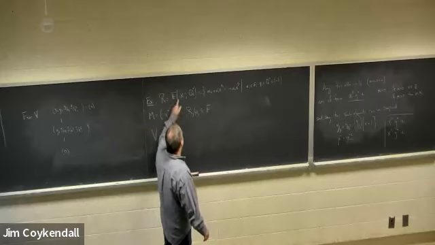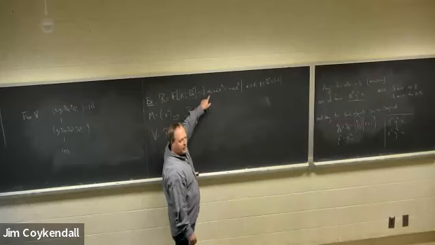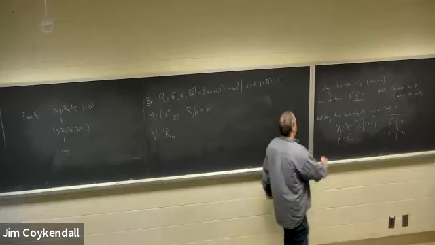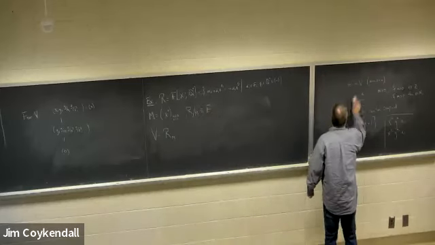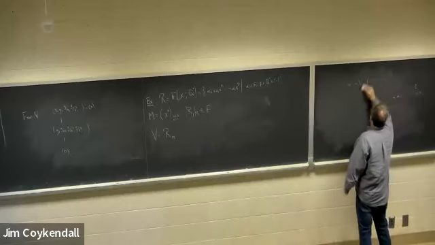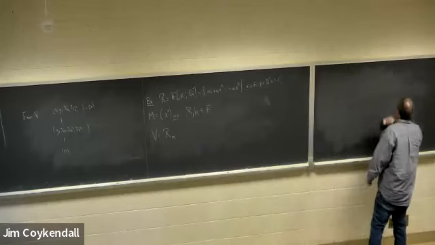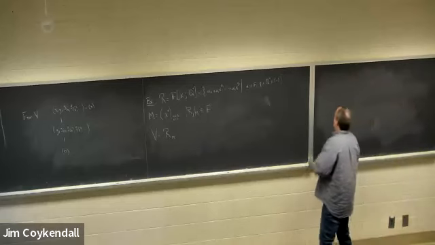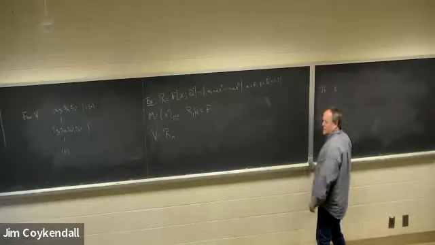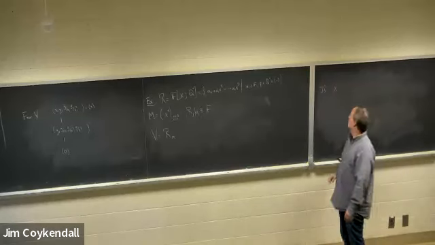So anything that starts with a non-zero coefficient as before is a unit. Anything whose first coefficient is 0 is in the maximal ideal. And notice that we have the same thing going on. Let me just make up some stuff.